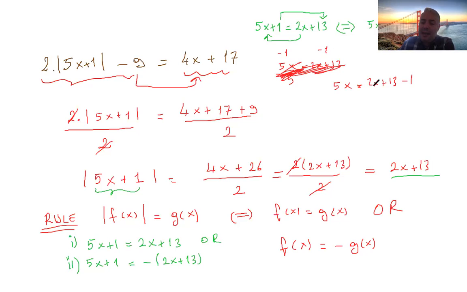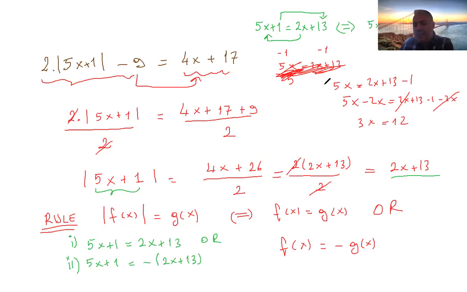Now, since I have 2x and here 5x, 5x minus 2x, 2x plus 13 minus 1 minus 2x, this negative 2x and positive 2x simplify, 3x is equal to 13 minus 1, which is 12.